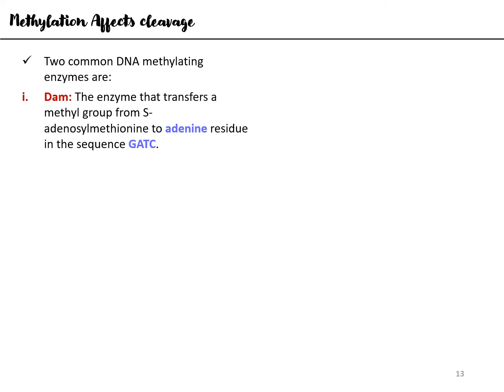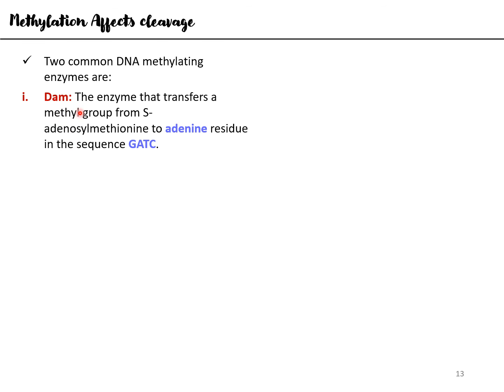Methylation affects cleavage. This is something we have already discussed, how methylation is a means for the bacteria to protect its own host DNA. Two common methylating enzymes are Dam, which transfers a methyl group from S-adenosyl methionine to adenine residues in the sequence GATC.